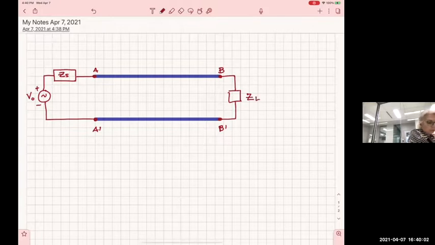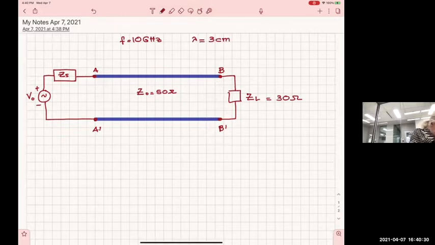And let me assume that I give you this to be 30 ohms, for example. I give you Z naught here to be 50 ohms. I give you frequency to be 10 gigahertz. And I know that in free space, the wavelength is 3 centimeters.